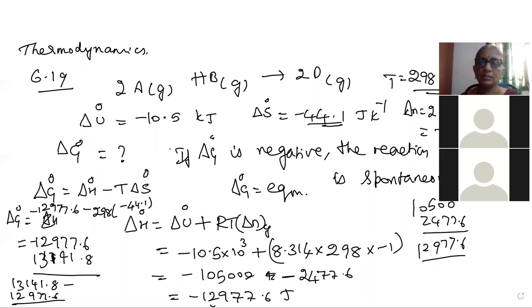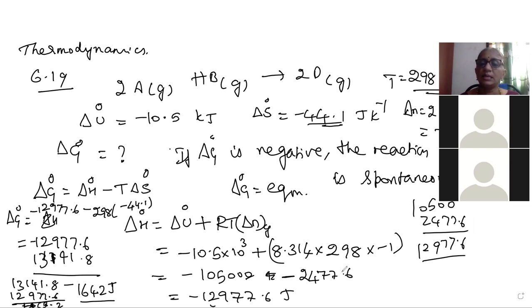So what will we get? 164.2 joules. It's coming as a positive value.